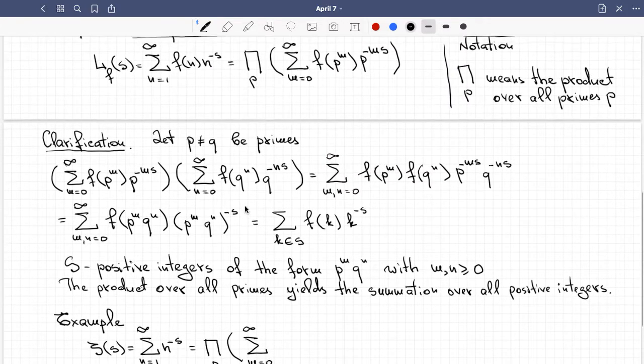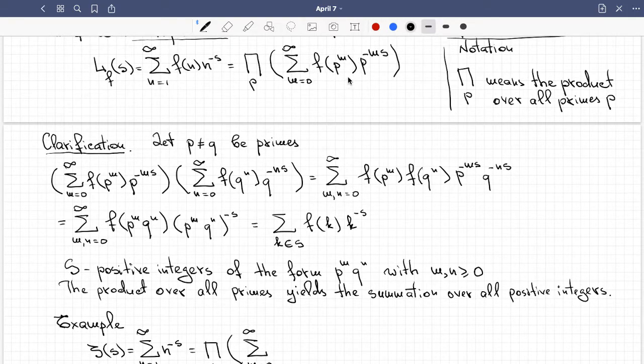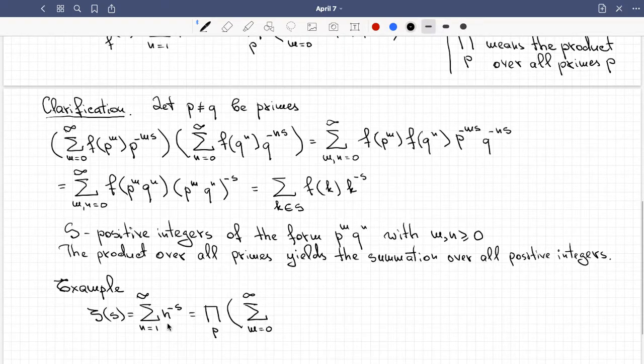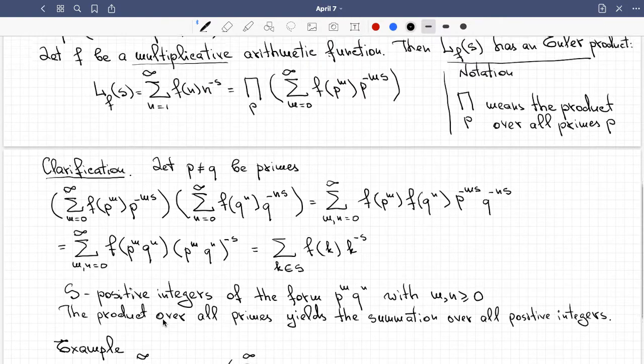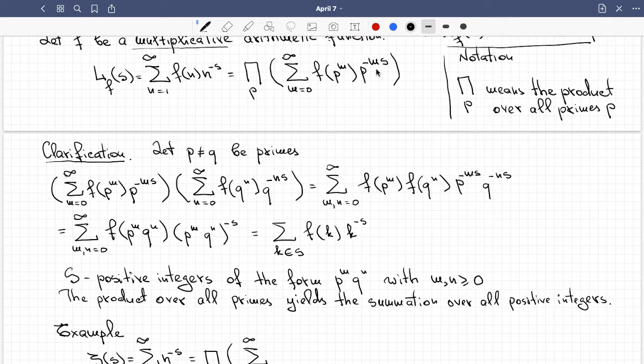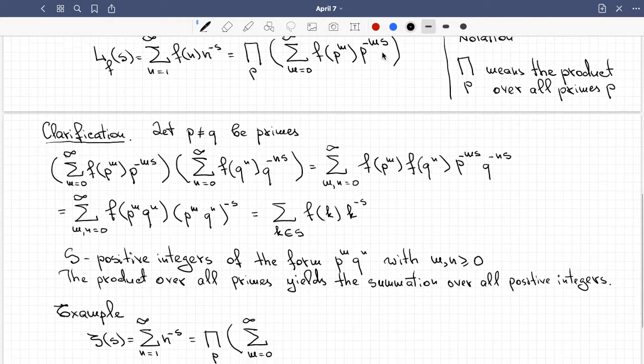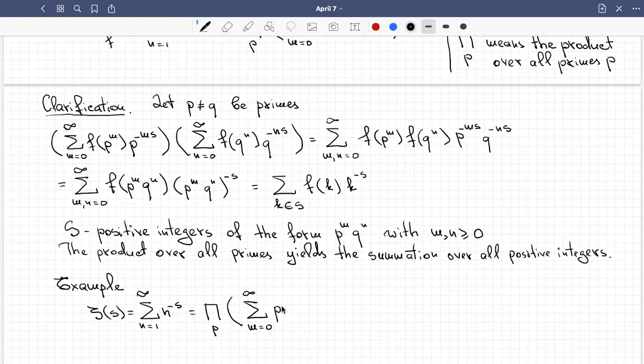What kind of sum do we have here? Our function, what is our function? Our function here is the function I, which is 1 anyways. So this is 1 times p to the power minus ms. What do we have in parentheses? This is a geometric series. So we get a product over all primes.